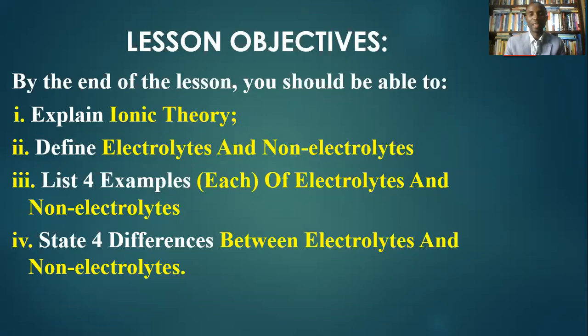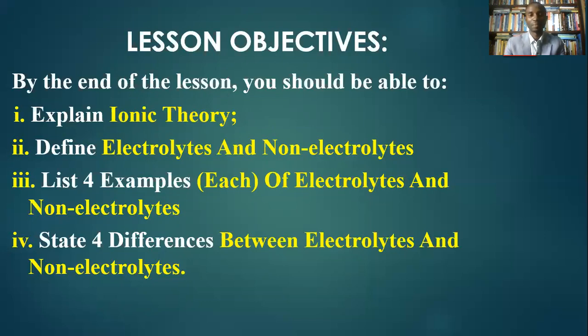By the end of the lesson, you will be able to list at least 4 examples of electrolytes and 4 examples of non-electrolytes. Then lastly, you will be able to state at least 4 differences between electrolytes and non-electrolytes.